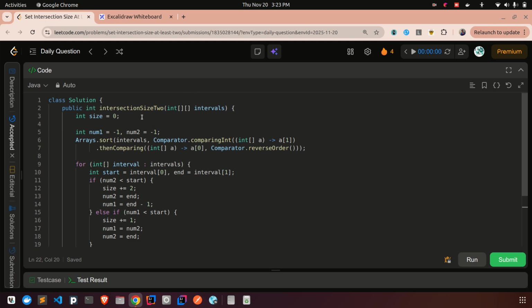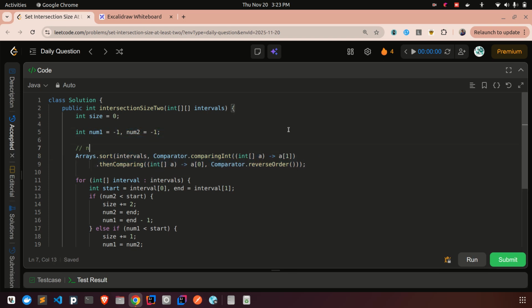So as you can see, we are just sorting our interval array. Sorting would take a time complexity of n log n. And depending upon the algorithm it is using, the space complexity would be order of n.